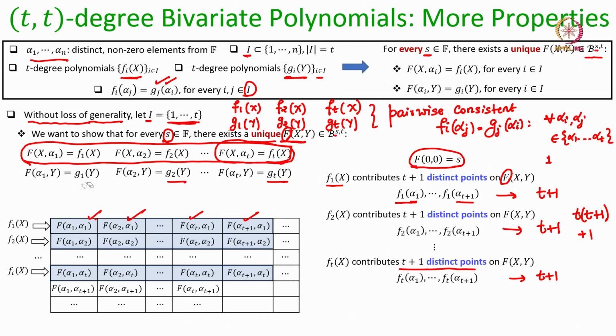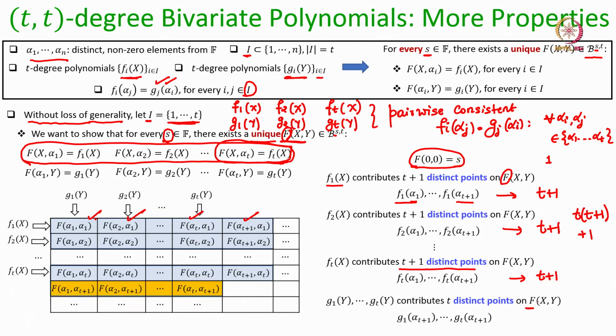Now, you see you also have constraints on that unknown bivariate polynomial in terms of the y univariate polynomials. These y univariate polynomials also should lie on the same unknown bivariate polynomial. Now, the interesting part here is that each of these t y univariate polynomials basically contributes t distinct points on that unknown bivariate polynomial. Why so?